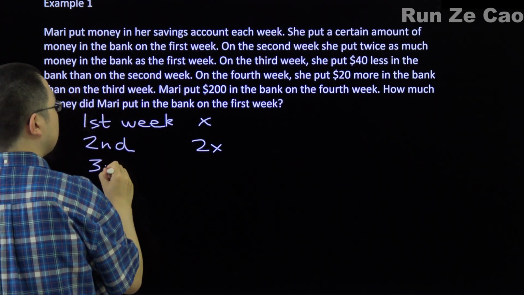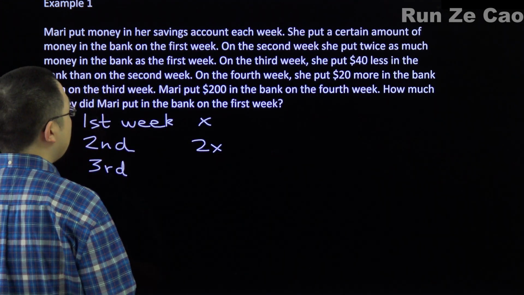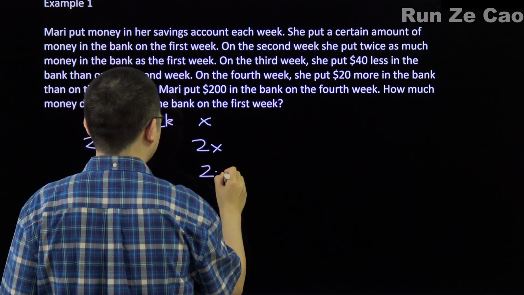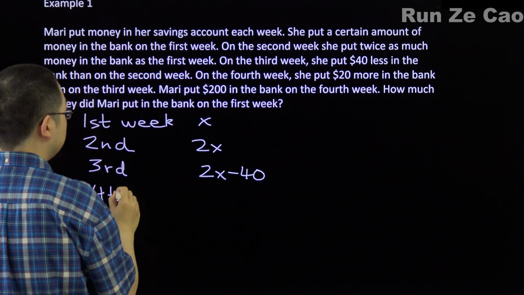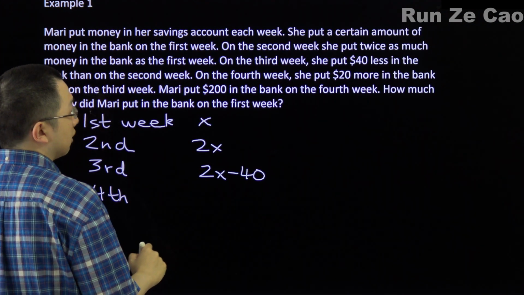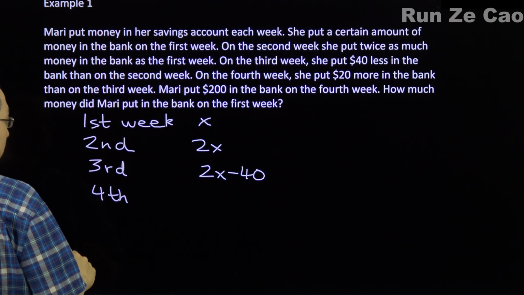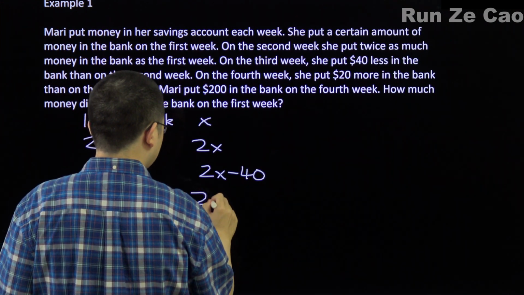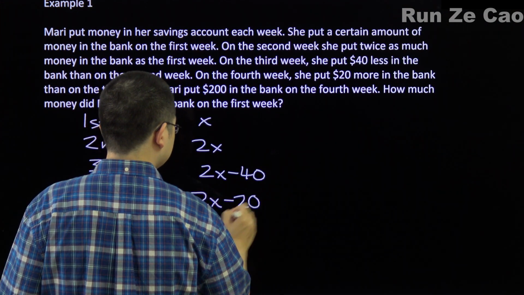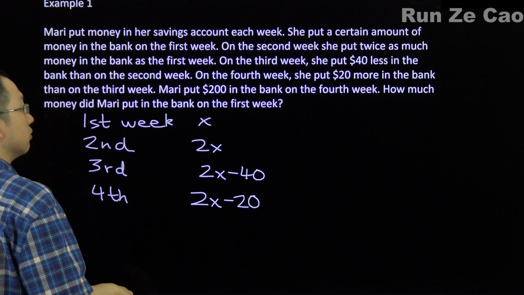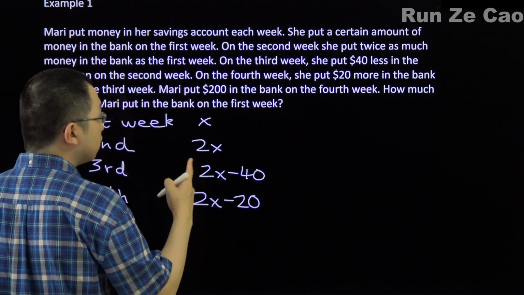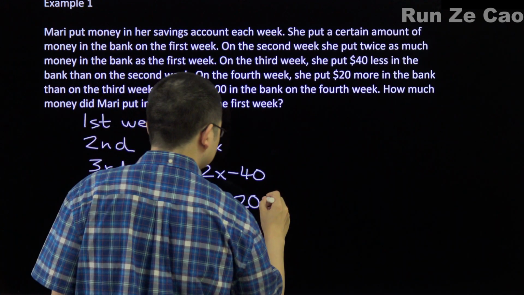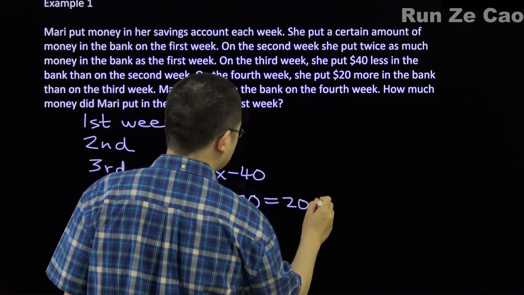Third week, she put $40 less than on the second week, so 2X minus 40. Fourth week is $20 more than on the third week, so 2X minus 20, or minus 40 plus 20 if you insist. And this is equal to $200 on the fourth week. Equals 200.